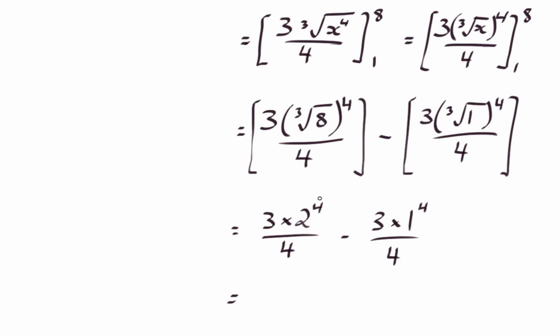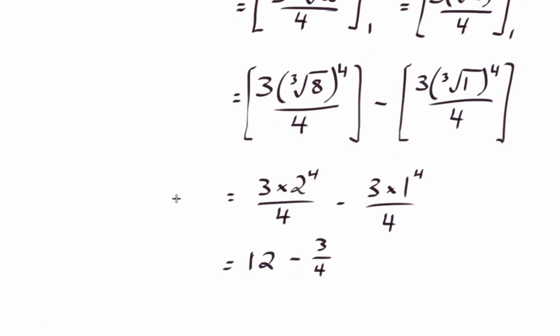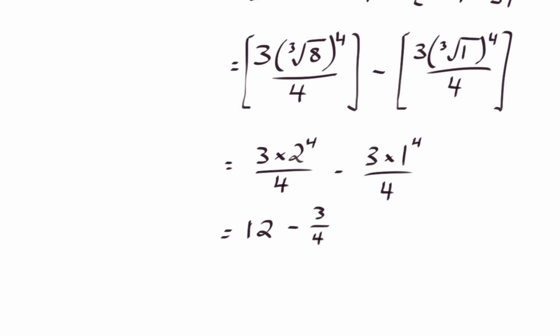So 2 to the power of 4, that's 16. But 16 over 4, well, that's just 4. So I've got 3 times 4 is 12, minus, and then this is just going to be 3/4. And so my final answer to finish off is 12 minus 3/4, which is 11 and 1/4.